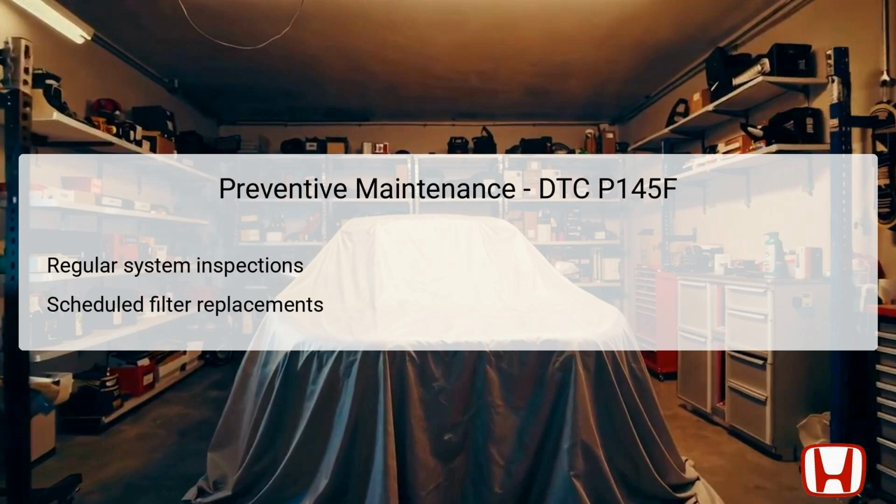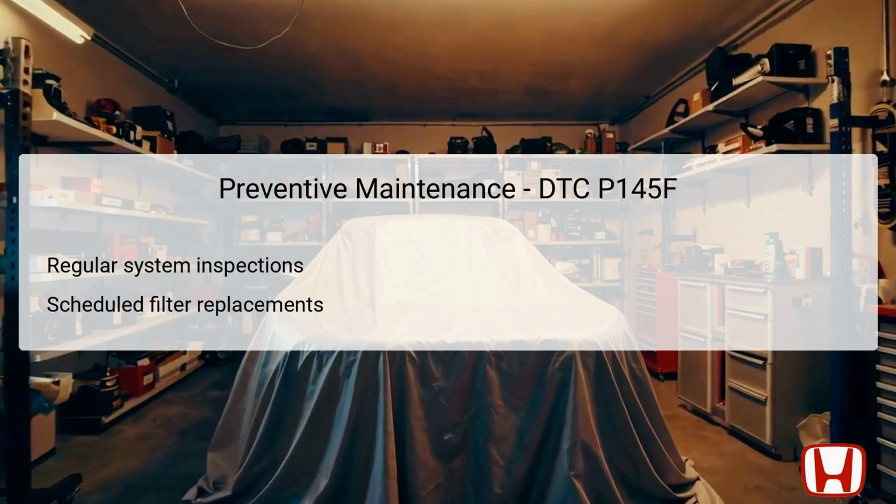Maintaining clean filters ensures optimal airflow and pressure, crucial for the effective performance of the EVAP system. Taking the time to implement such preventive measures can significantly enhance the reliability and efficiency of the vehicle while ensuring compliance with emission standards.